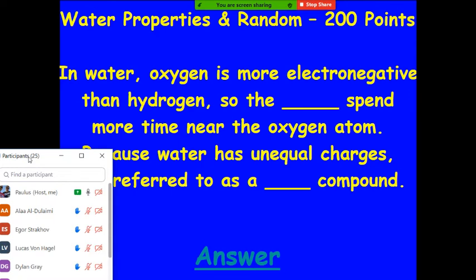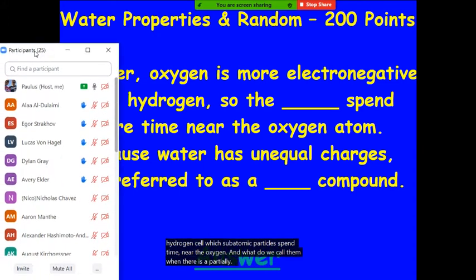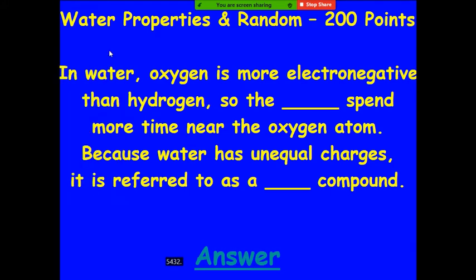All right, in water, oxygen is more electronegative than hydrogen, so which subatomic particles spend time near the oxygen? And what do we call that when there is a partially negative and a partially positive charge on different ends of that compound? 15 seconds. All right, 5, 4, 3, 2, and 1. Here we go.